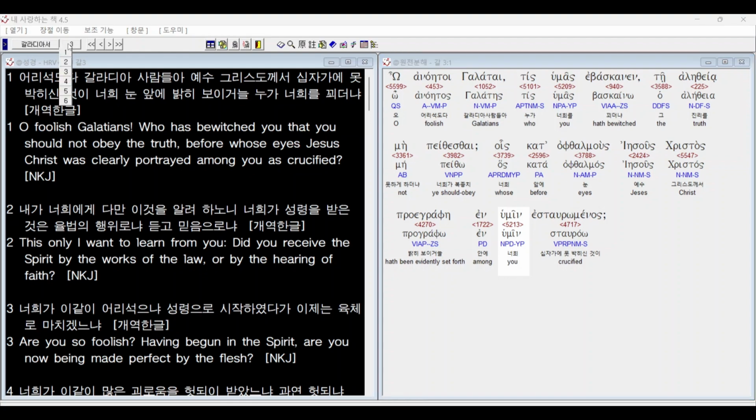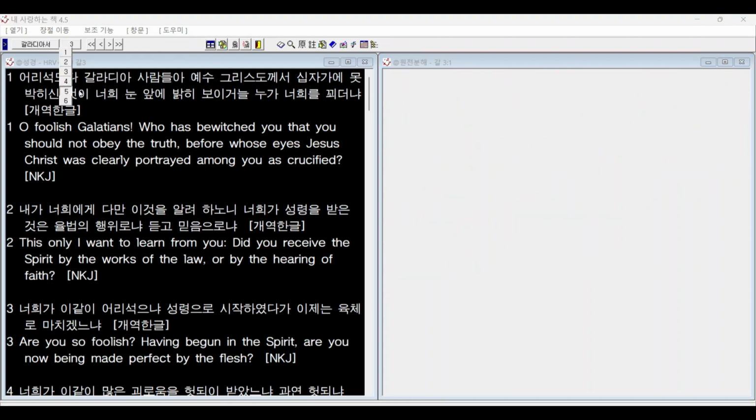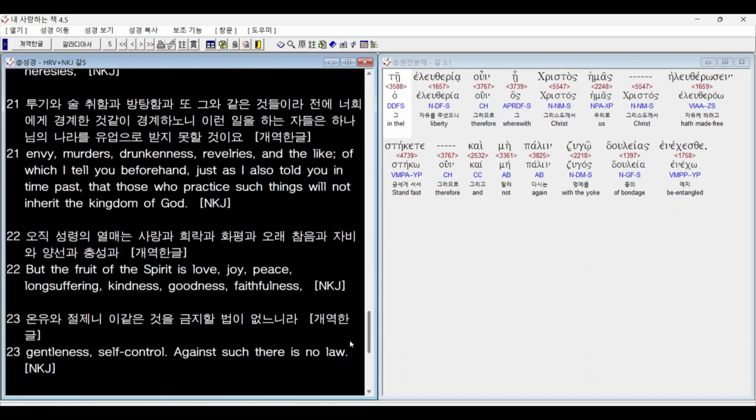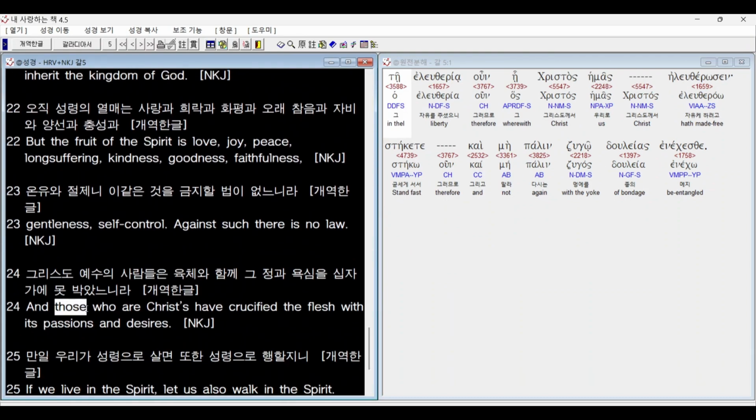Not only chapter 3 and chapter 2:20, when we go to Galatians chapter 5, verse 24, those who are Christos, Christ's, have crucified. So, crucified together, resurrect together. Living in the Christos Jesus, I become the body of Christos.